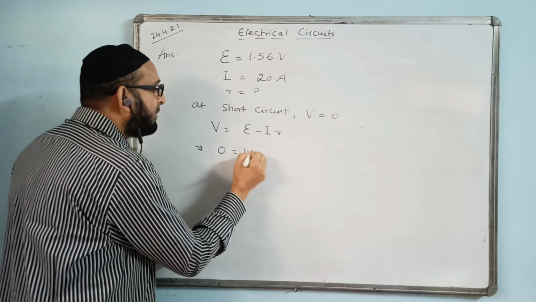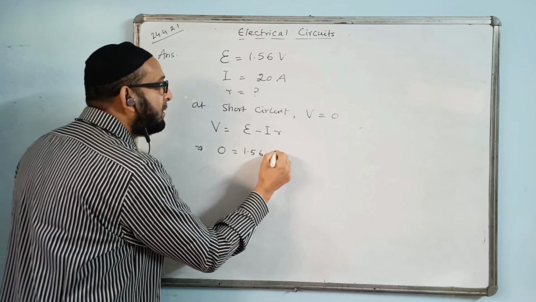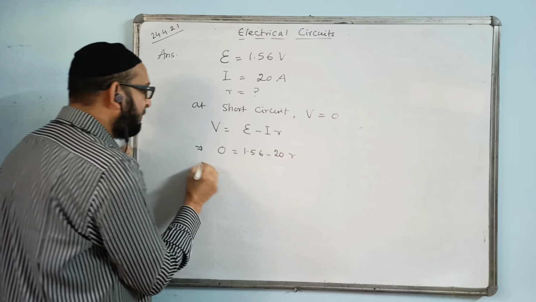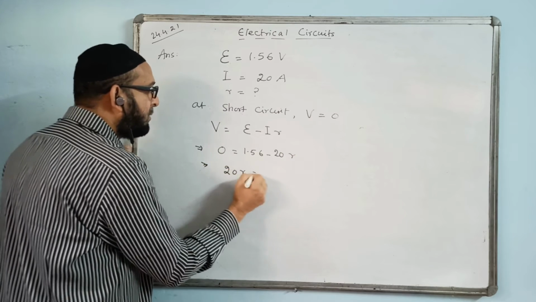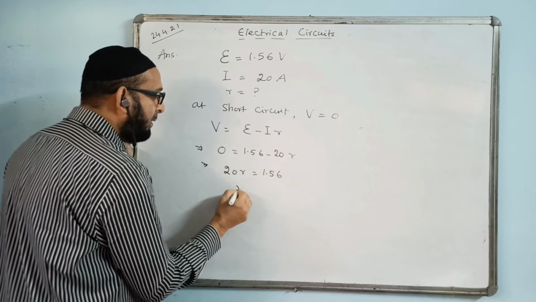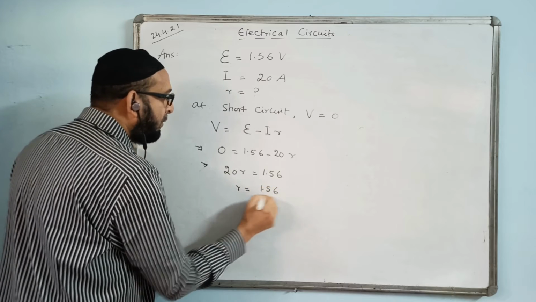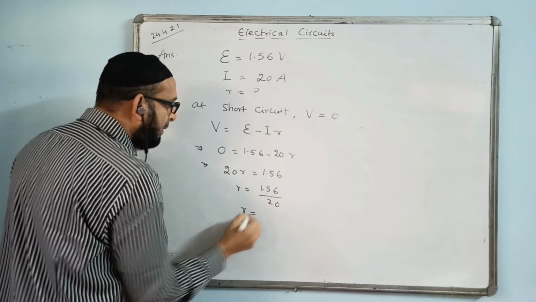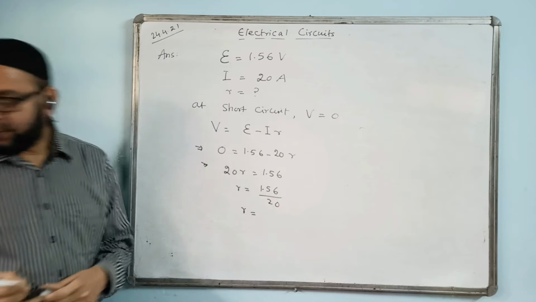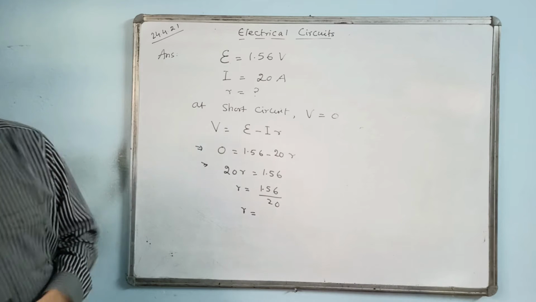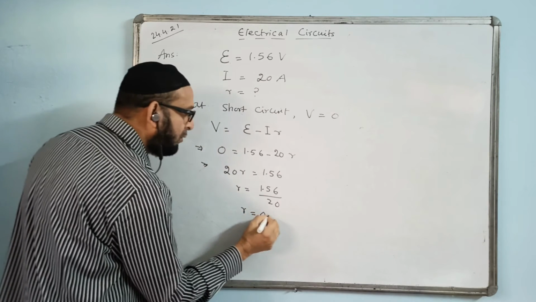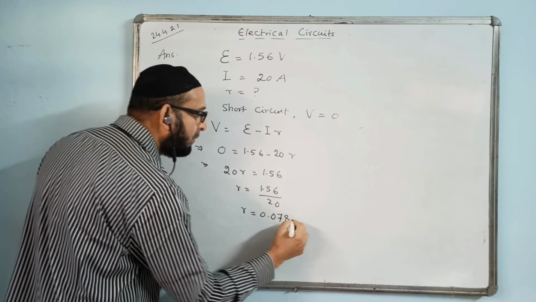EMF is 1.56 minus I is 20 and small r we have to find. We get 20 r is equal to 1.56 and r value will come 1.56 by 20, and dividing, the answer comes 0.078 ohm.